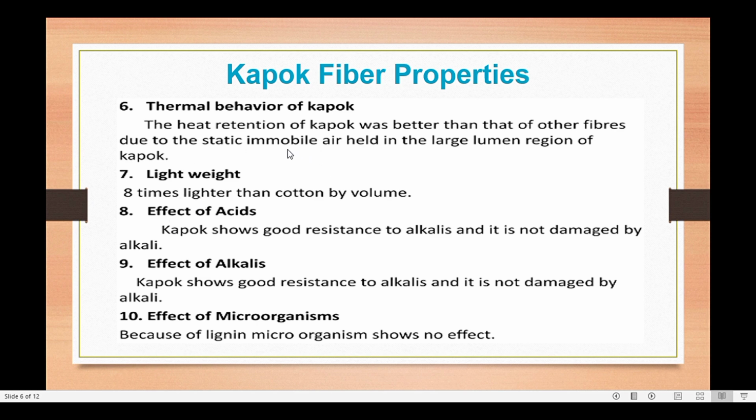The heat retention of kapok fiber is much better than that of other fibers due to static immobile air held in the large lumen region. This property is due to its cross-sectional view, as we have discussed in the previous slides.